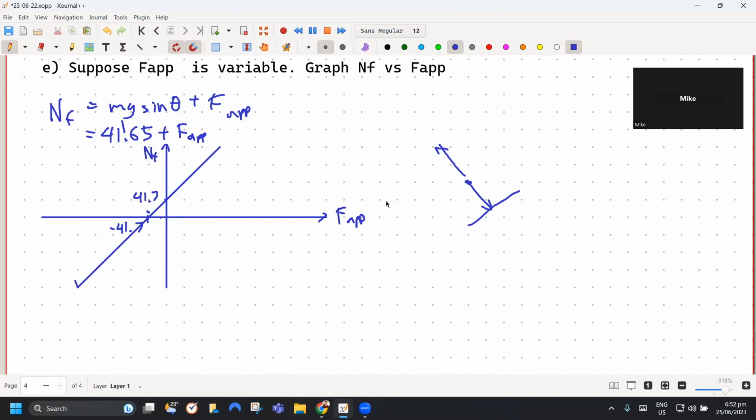Sabi natin, negative values of normal force mean the floor is pulling the object into itself, which is not possible. So what happens to the normal force kapag F applied is less than negative 41.7? Think about yung kanina, yung sa tension.